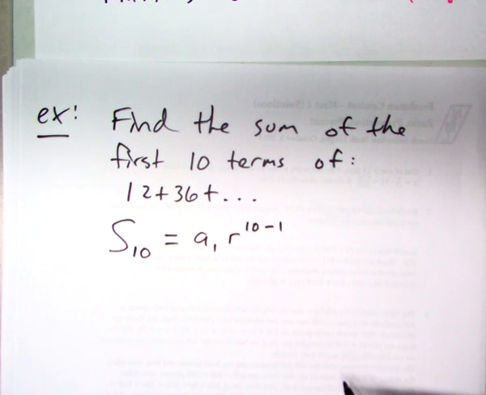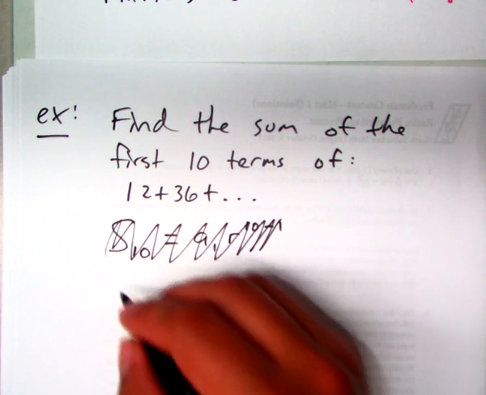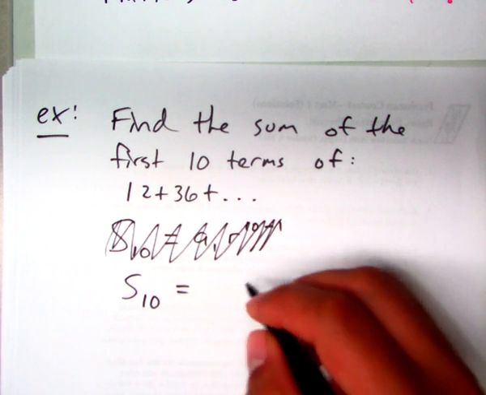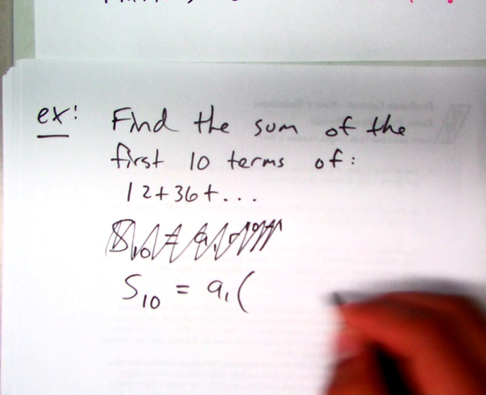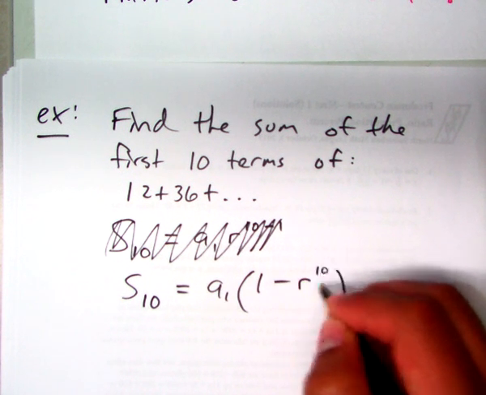Oh, sorry, using the wrong formula. That's not what I meant to do. We want to take first term times 1 minus r to the n, which is 10, over 1 minus r.